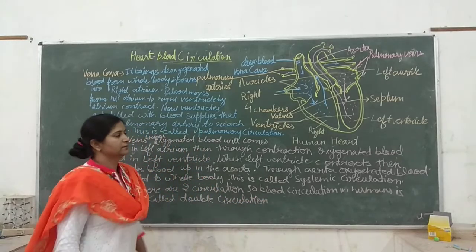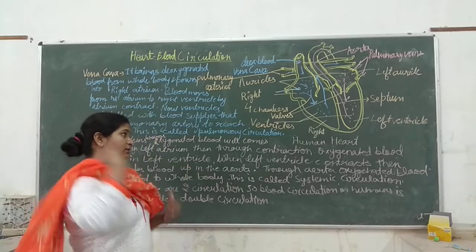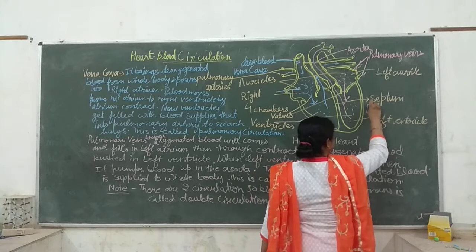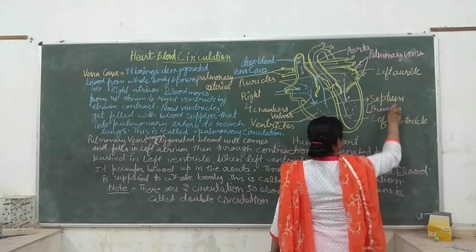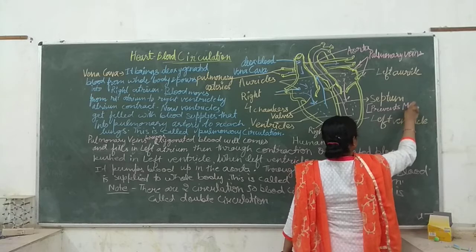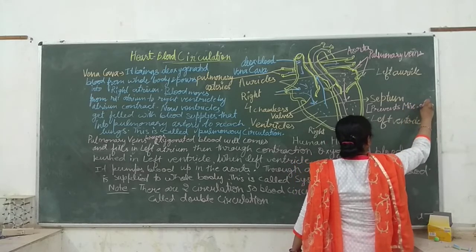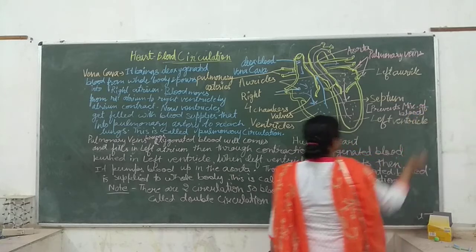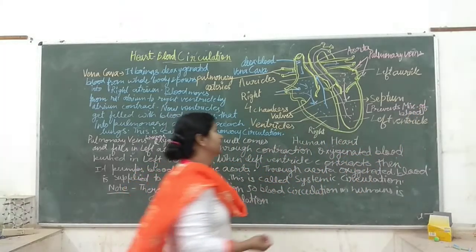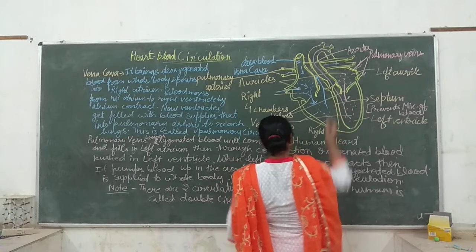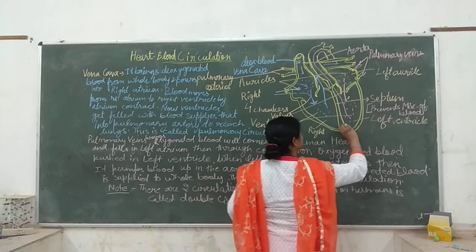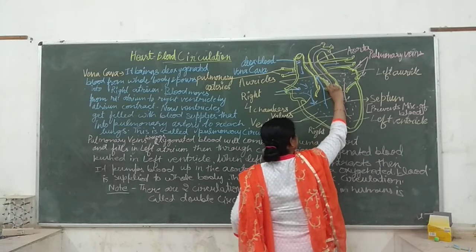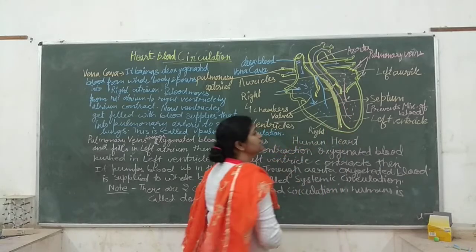A few points about double circulation: this septum prevents the mixing of blood. Oxygenated and deoxygenated blood are separated because of the presence of this septum, this partition.